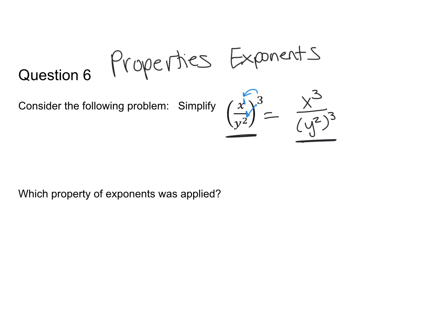And so if I'm thinking about which property that is, and I have different properties to pick from, I want one that has a fraction, for sure. And then I really need it to be raised to the power, because one of our properties is this, that if I have A over B raised to the m power, it's A to the m over B to the m. And simply put, the m is going to the exponent on the top and the bottom.